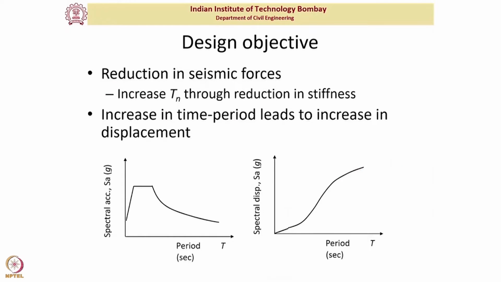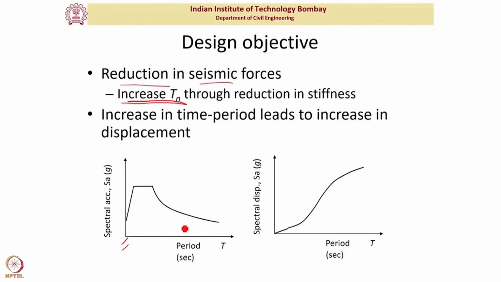All right. So the design objective for a seismic design is basically a reduction in seismic forces. So increase Tn through reduction in stiffness. Now remember, if this is your acceleration response spectra, there is also a displacement response spectra, right?